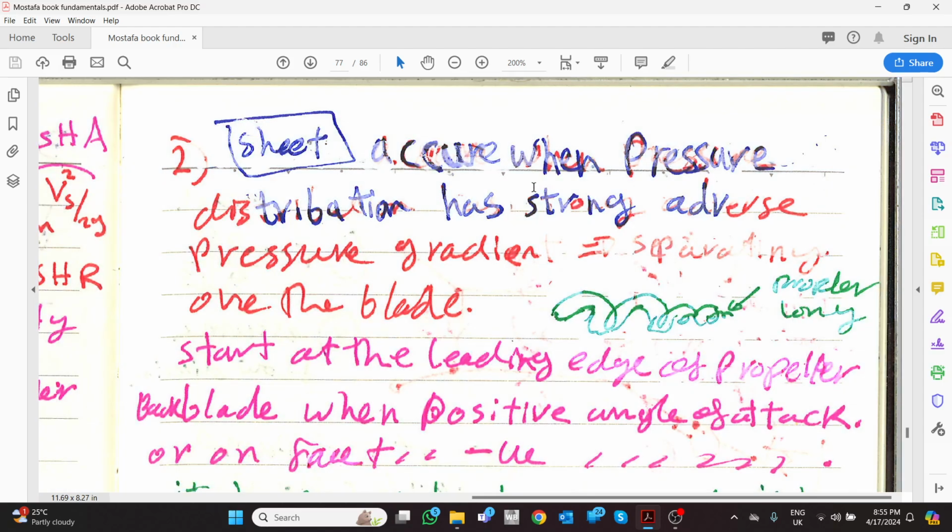As we agreed before, if you have a flow like this, for example in the volute case, the pressure is already increased because it is a pump.